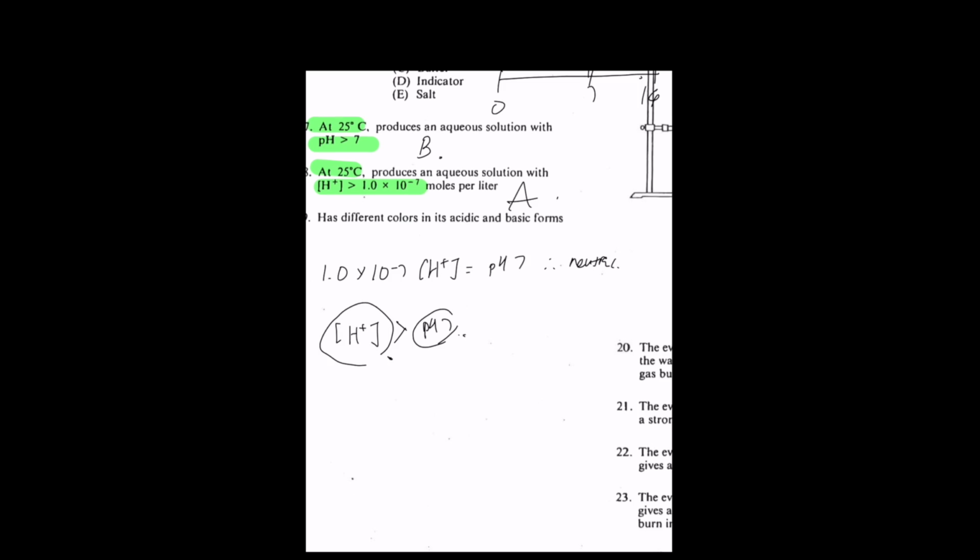So it's basically saying that its H plus concentration is greater than that of pH 7. And if the H plus concentration is greater than that of a solution that has a pH of 7, it should be an acidic solution, and that is because the definition for Arrhenius acid states that acids are H plus donors.